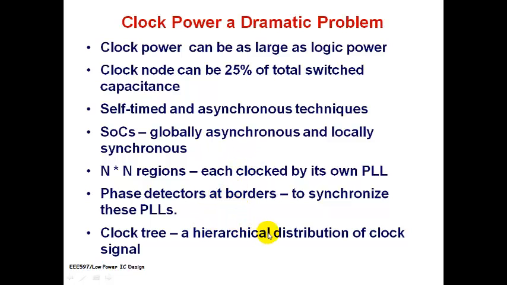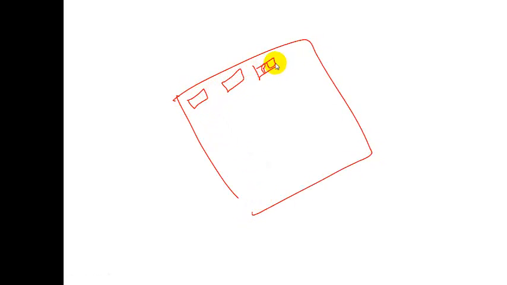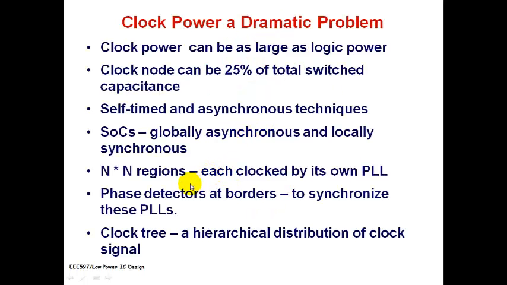Another way would be, I have my chip around everywhere, use PLLs, and these PLLs would take their reference clocks and use phase detectors, and those phase detectors would identify the main clock signal, and based on that they would generate the clock locally and send it through the clock tree for distribution to all the chip areas.